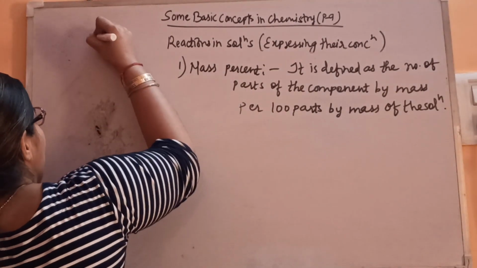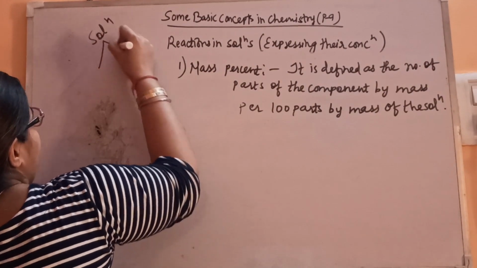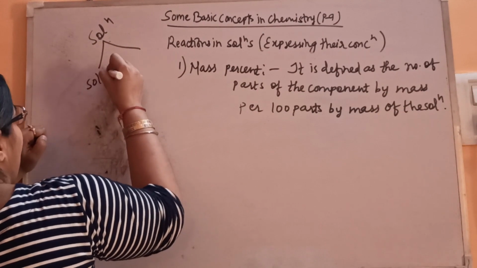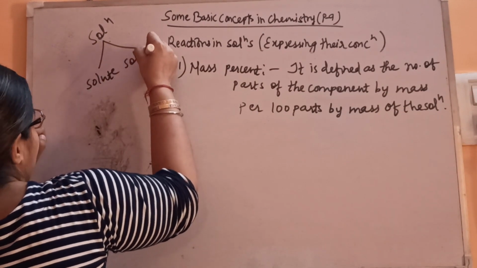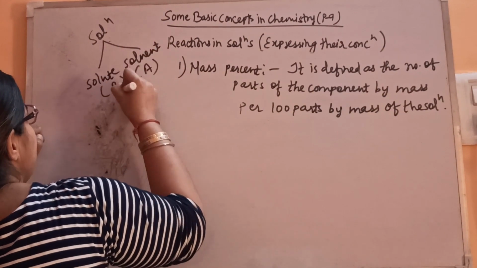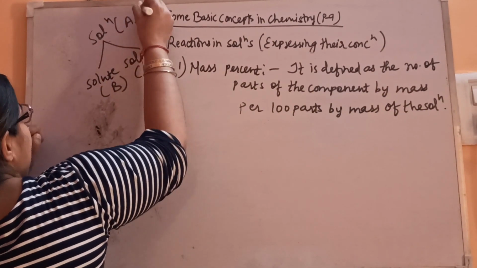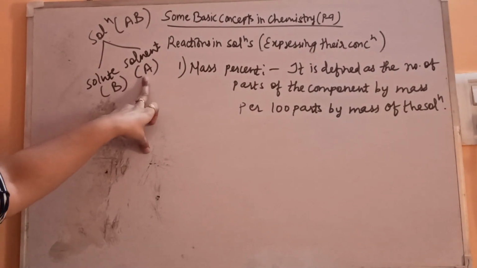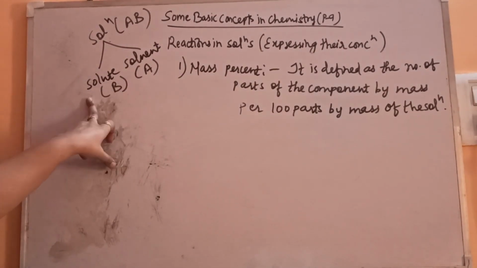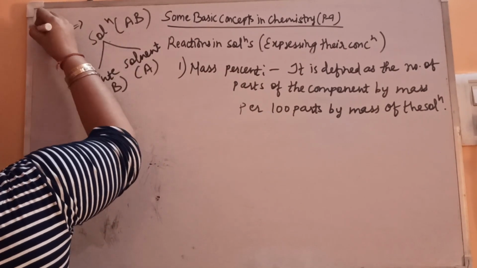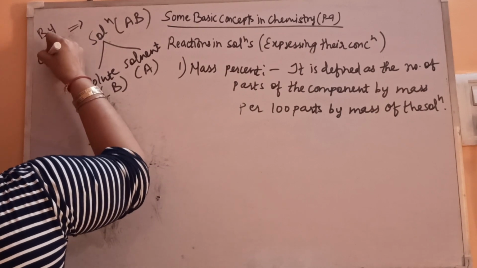Generally in a solution, we have solute and solvent. Solvent is always represented by A and solute is always represented by B. So if AB is the solution in general, then A is always the solvent and B is always the solute. This is by convention.